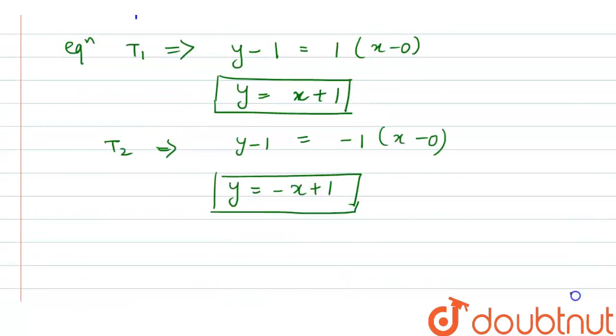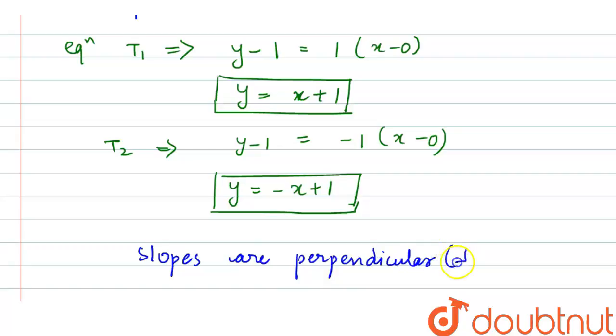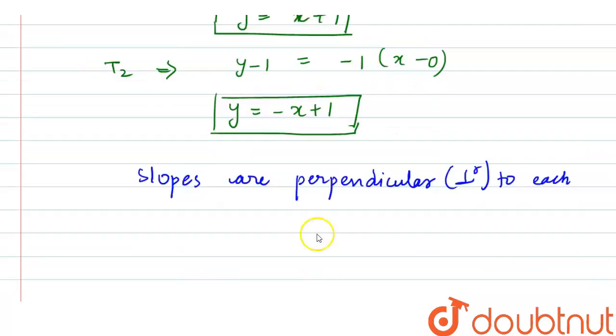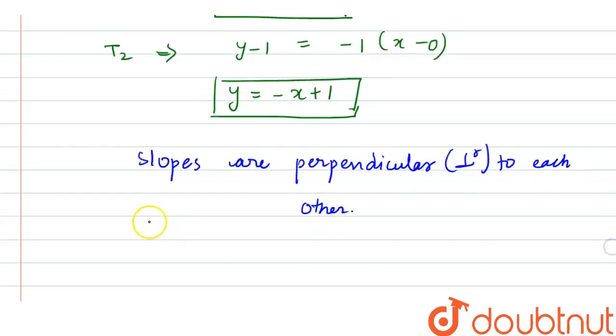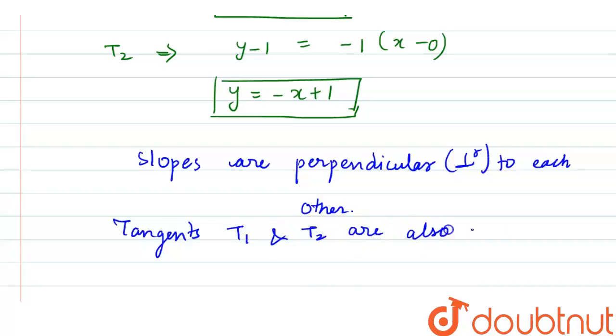So the slopes are perpendicular to each other, so we can say that the tangents T1 and T2 are also perpendicular.